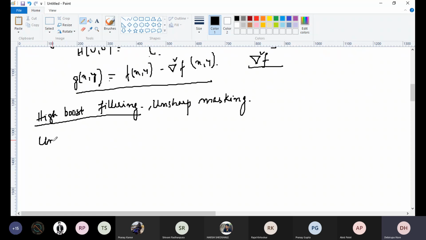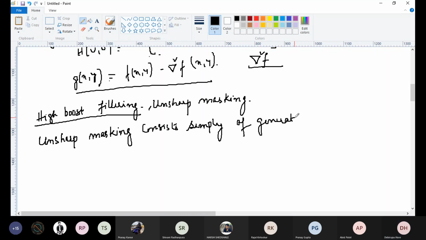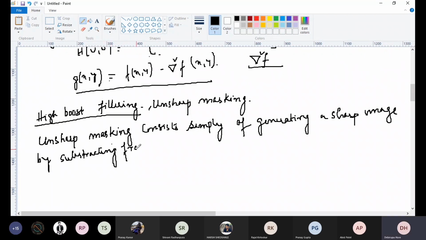The unsharp masking consists simply of generating a sharp image by subtracting from an image a blurred version of itself.